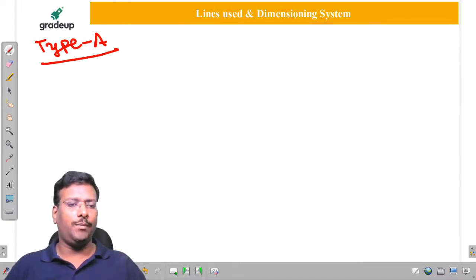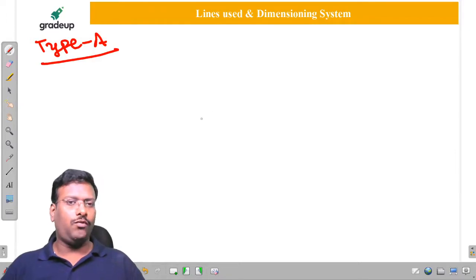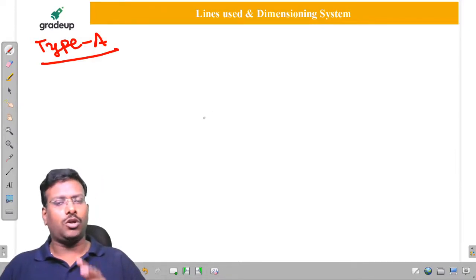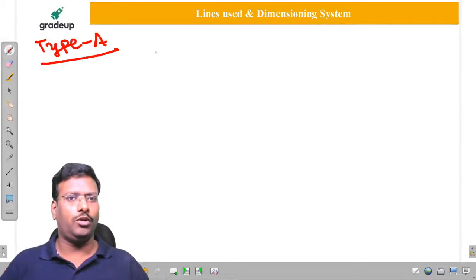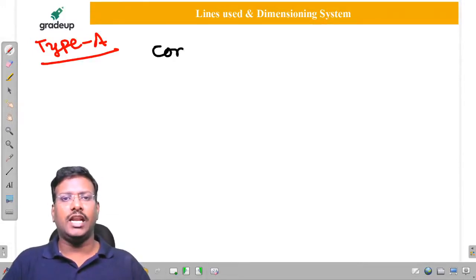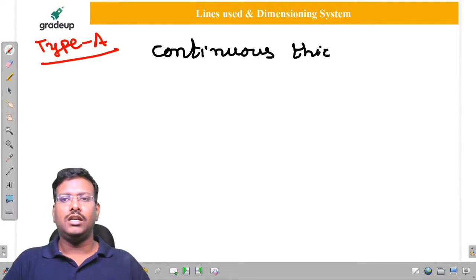So what is this type A line, sir? A few elements together in one diagram. I will show it to you, don't worry. It is called a continuous thick line.